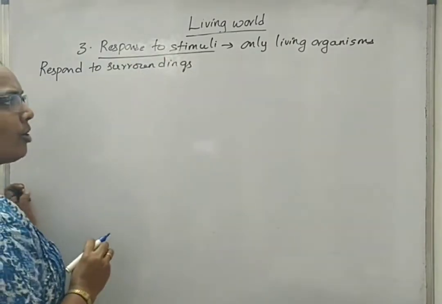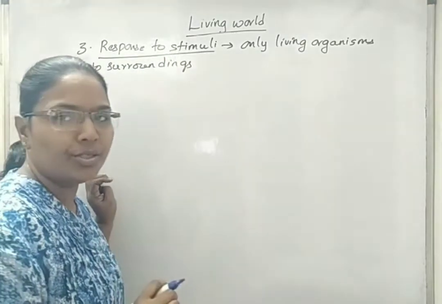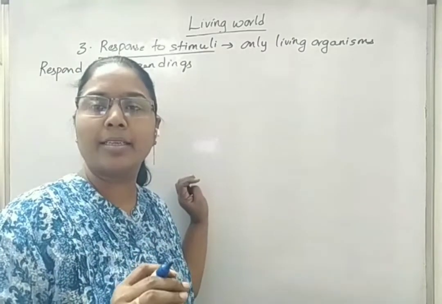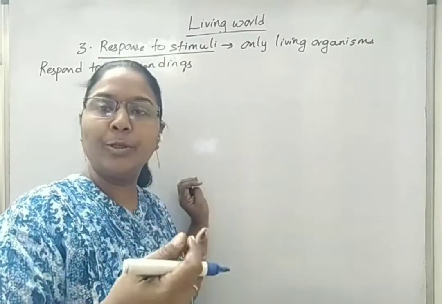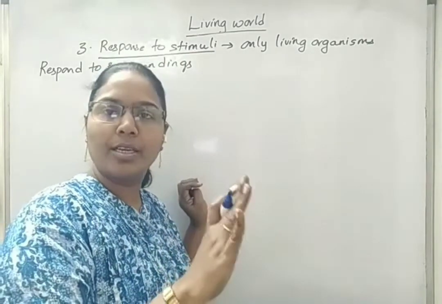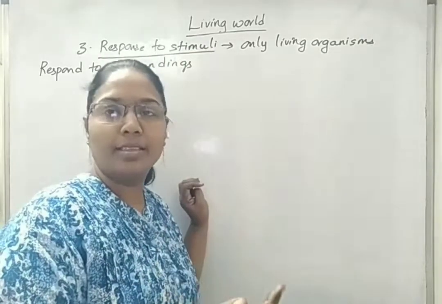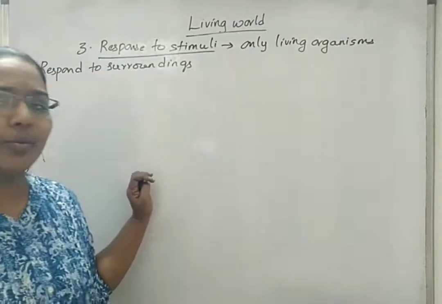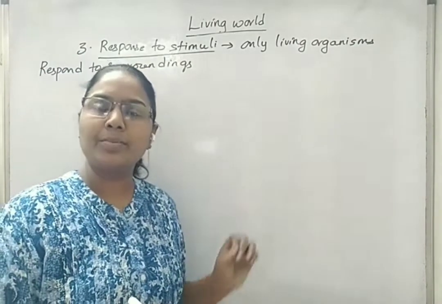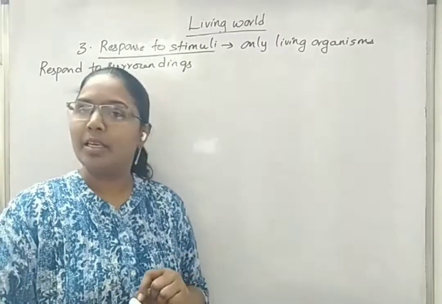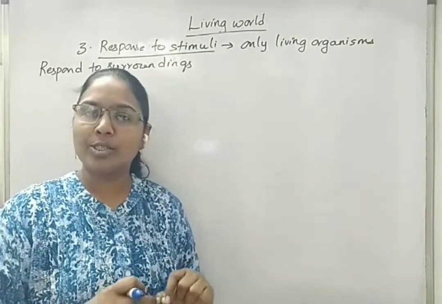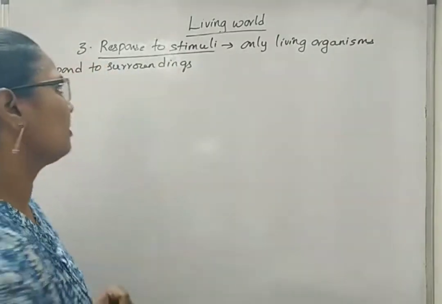Means non-living organisms will not at all respond to surroundings. For suppose if you take touch me not plant, if it touch, then the leaves will be folded. If any human being is there, if you touch a hand or face, then they will respond to that touch. Likewise, all types of living organisms will exhibit this characteristic feature, that is response to stimuli. Non-living organisms will not show this type of characteristic feature.